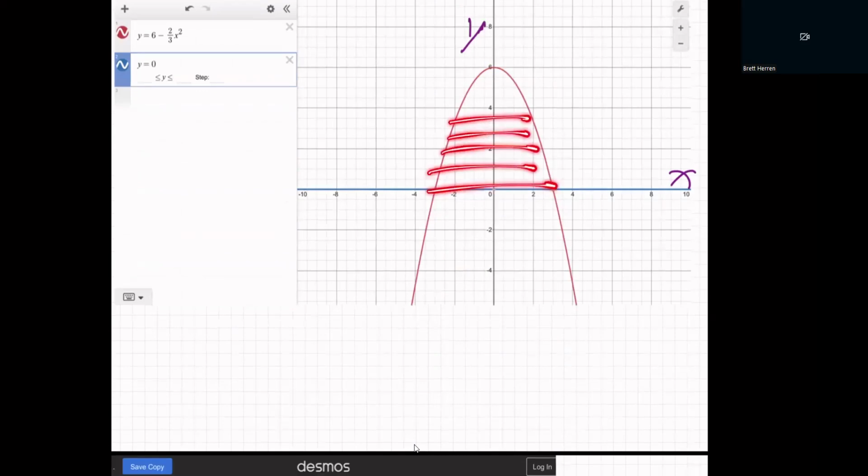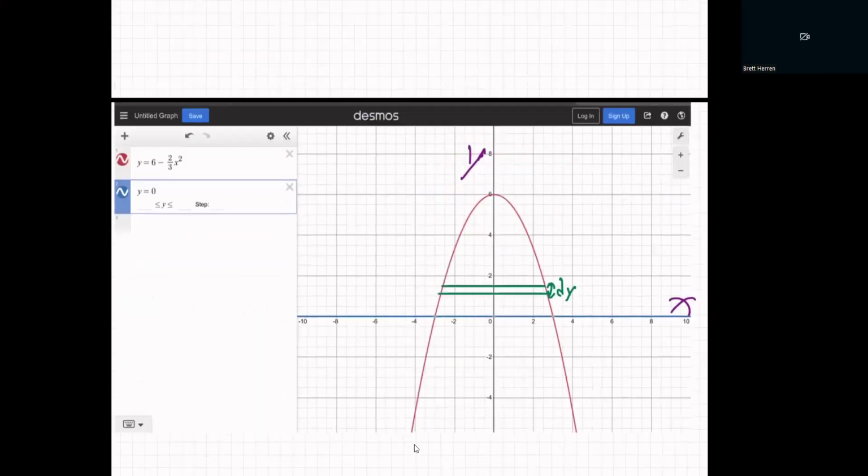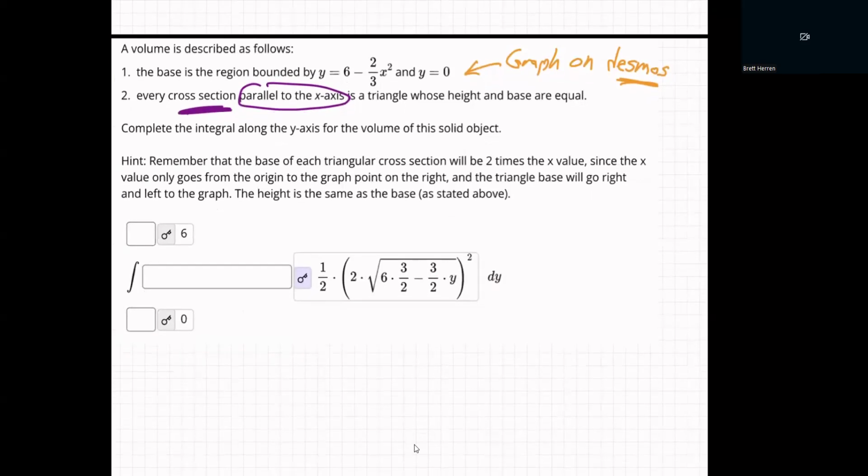We're doing cross sections this way, right? We're not going this way. We're going this way. And that makes sense because let me just put one in there. Each of our sections has a dy thickness, doesn't it? And this is indeed a dy integral.